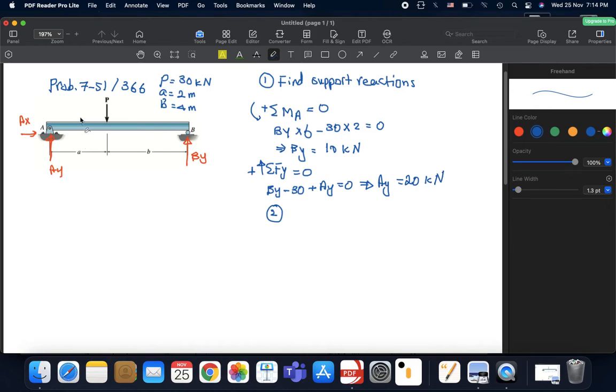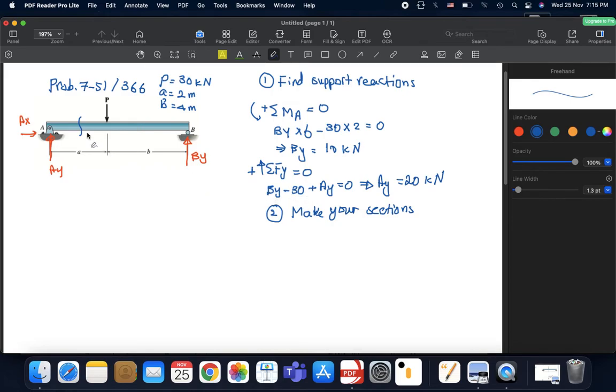For example, if you take a section here, this distance would be x. All these points will have values larger than x, but still these equations are valid for the whole length between 0 and 2. So create your sections, whatever.